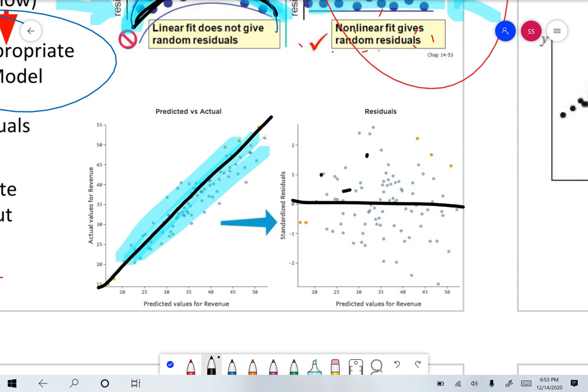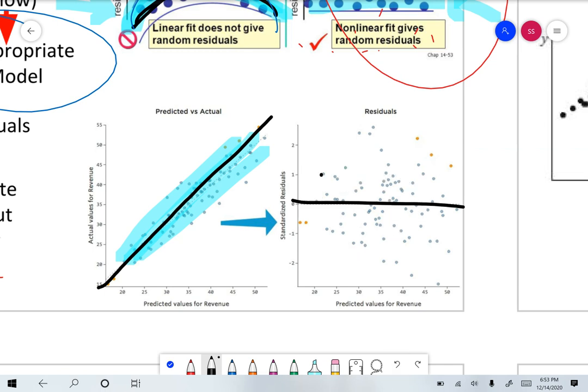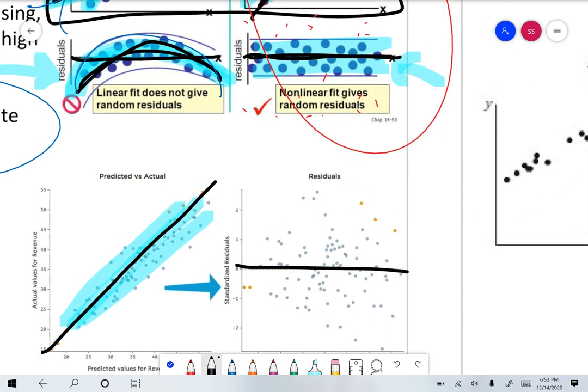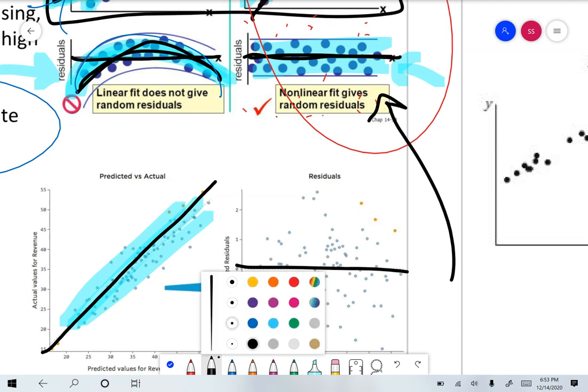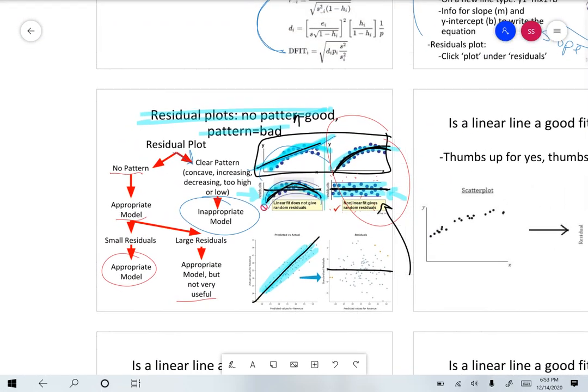Like it looks random. There's no clear pattern here, right? So that part of it looks good, but you'll notice that the dots are a lot more spread out than, say, this one was, right? So that means it is a linear relationship, but it's not a very strong one. Okay, so that's a good example of that.